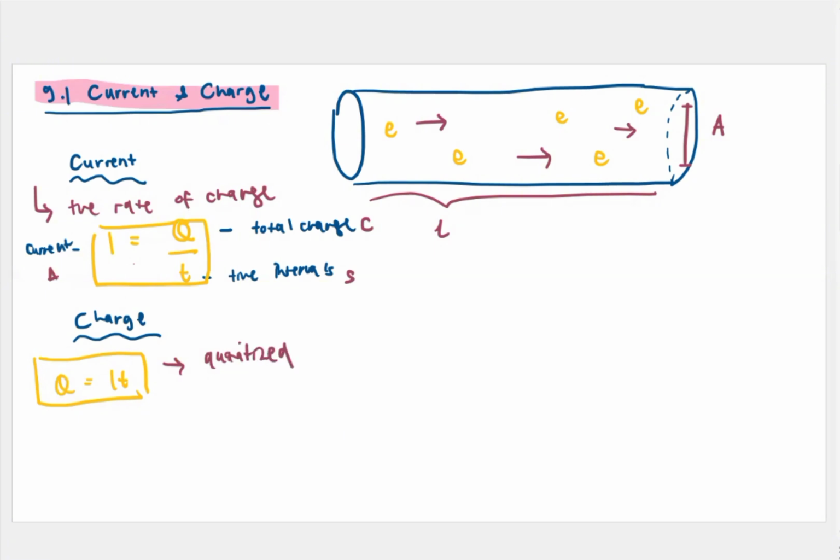But that just means that a single charge carrier will equal in magnitude, or its quantity is equal to 1.6 times 10 to the power of minus 19.